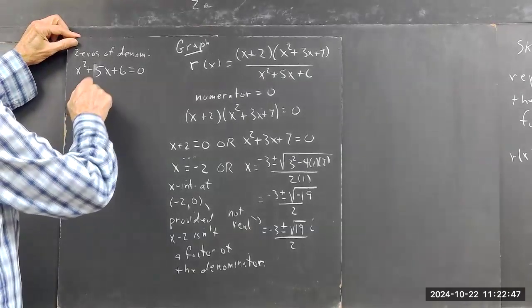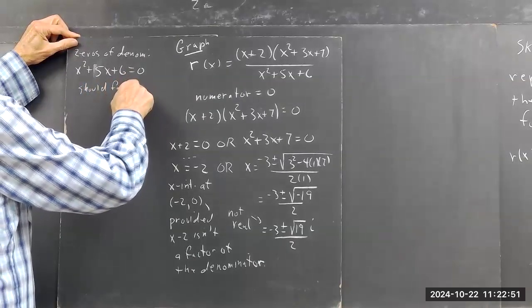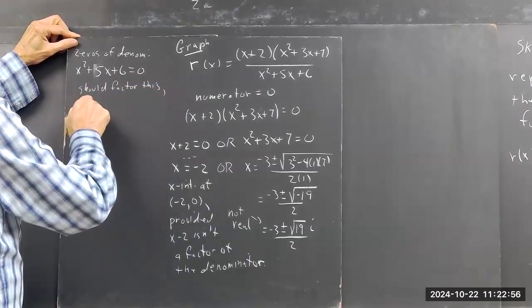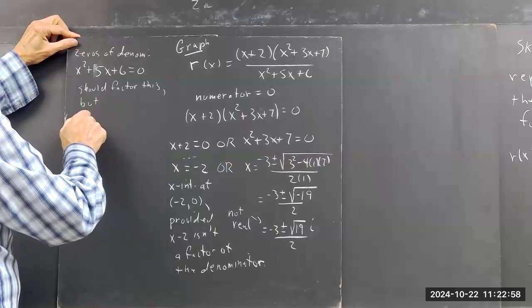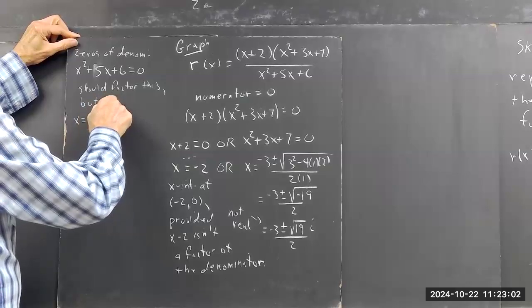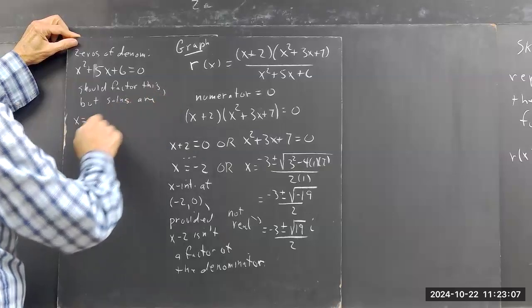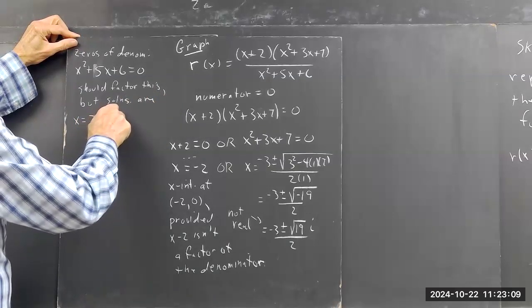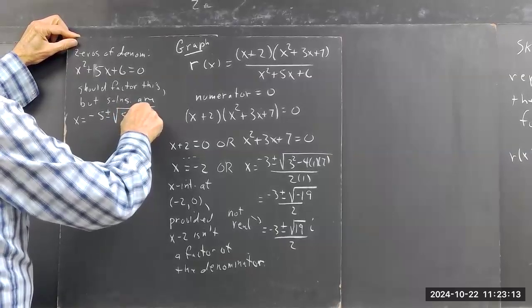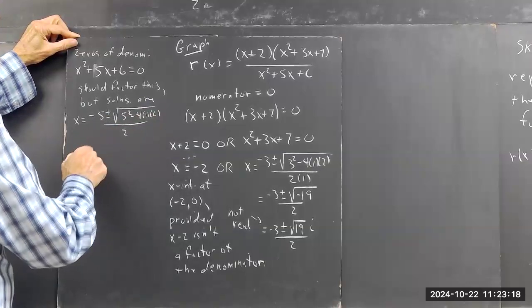So I say that the solutions are x equals -5 plus or minus the square root of 5 squared minus 4 times 1 times 6, divided by 2.